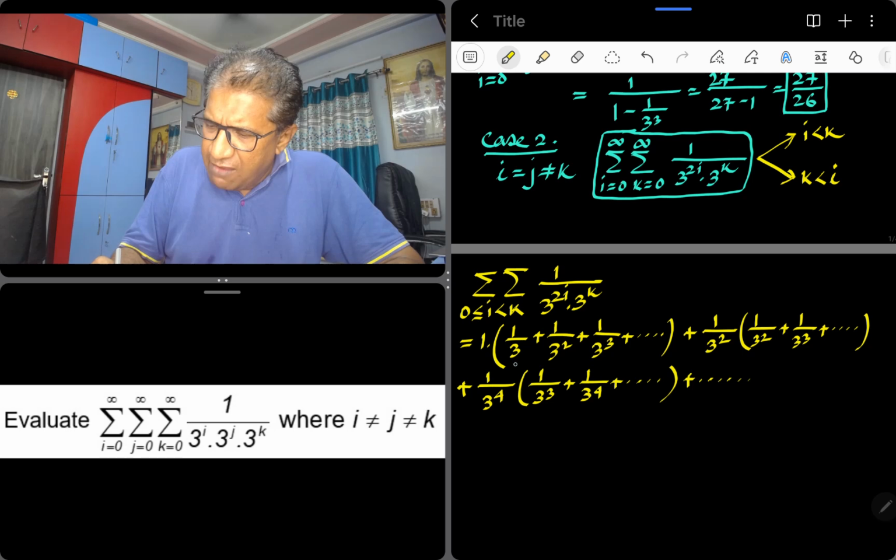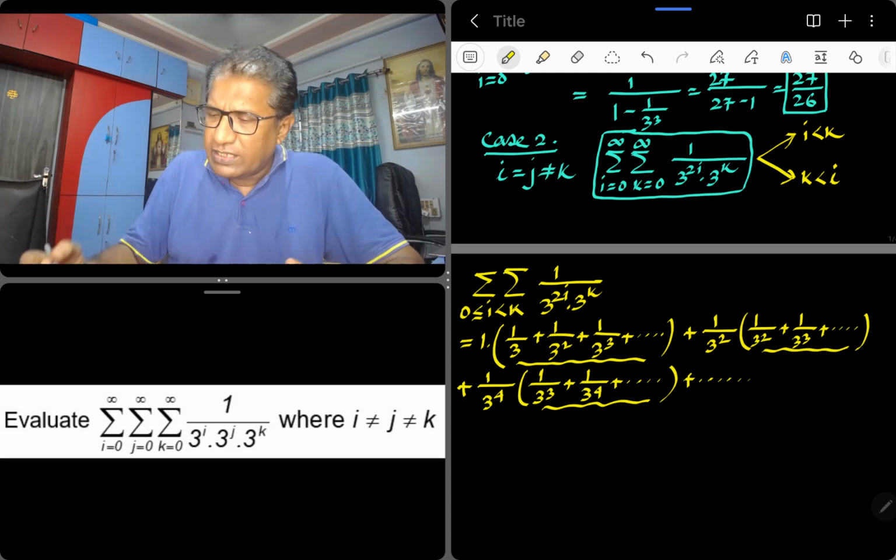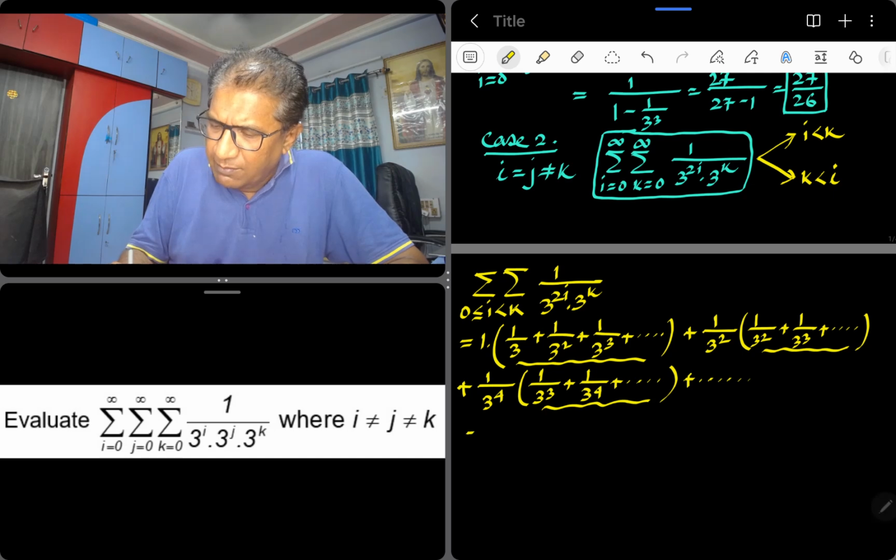Now we can see that every term in the bracket is in GP, infinite GP. So we can use the summation formula for infinite GP to get its answer.